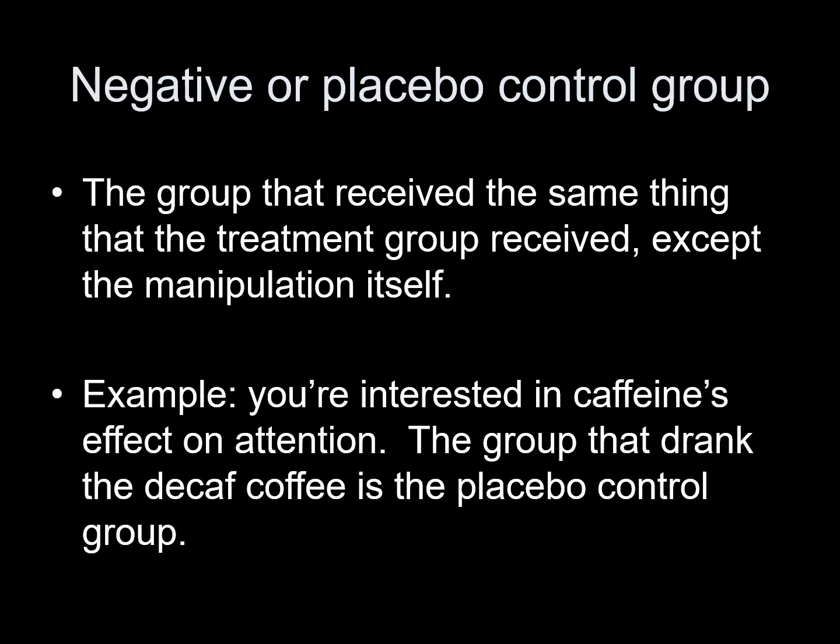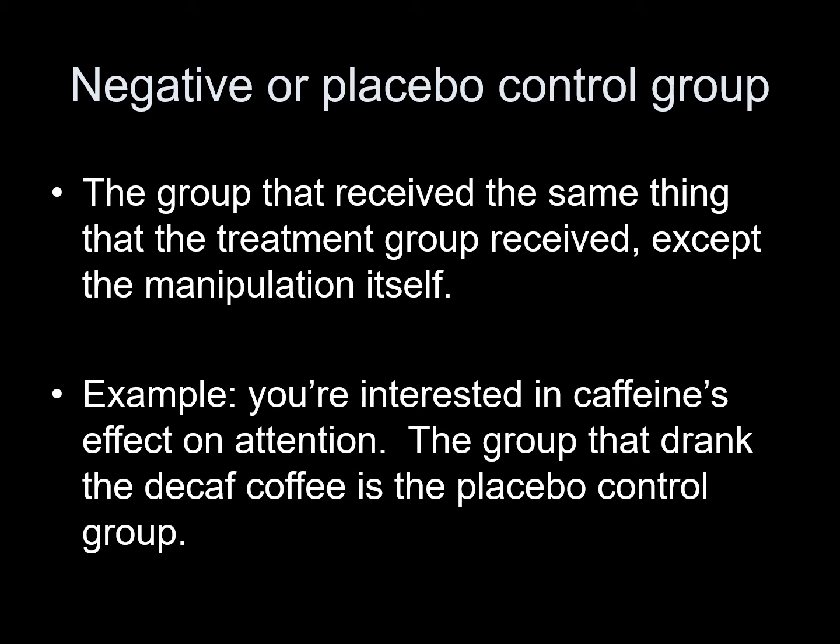All right. Now, the placebo control group. So this is why it's always important to have a placebo control group. This is a group that received the same thing, except the manipulation itself. So the example of that would be you're interested in the caffeine's effect on attention. The group that drank the decaf coffee is the placebo control group.